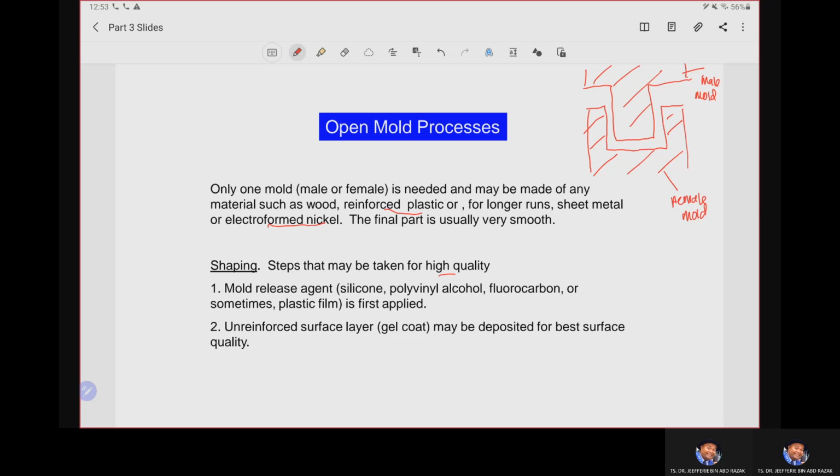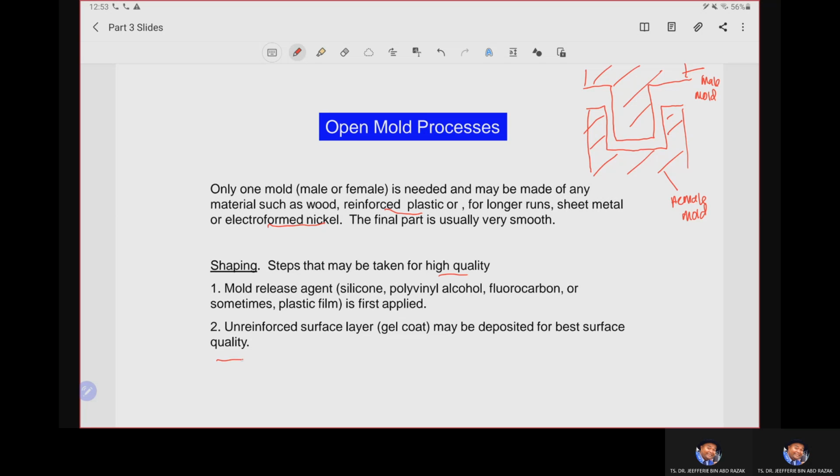First, the mold release agent needs to be applied on the surface of our mold. It can be silicone based, polyvinyl alcohol based, or many others. Second, in the steps of using the open mold process, we apply the unreinforced surface layer, or we call it a gel coat, for better surface quality.